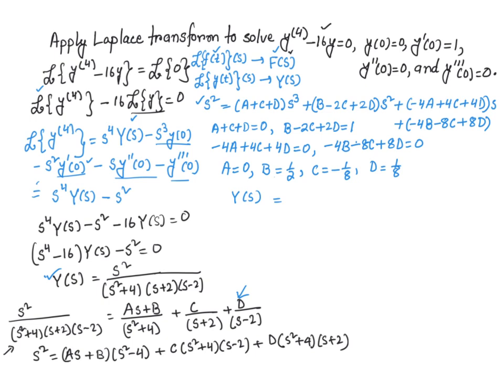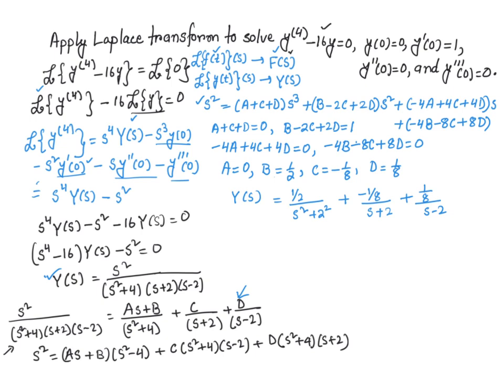A is 0, but b is 1/2, so I'm going to put 1/2 over s squared plus 4, but I'm going to write 4 as 2 squared, plus c is negative 1/8, so it's going to be negative 1/8 over s plus 2, and then d is 1/8, so 1/8 divided by s minus 2.